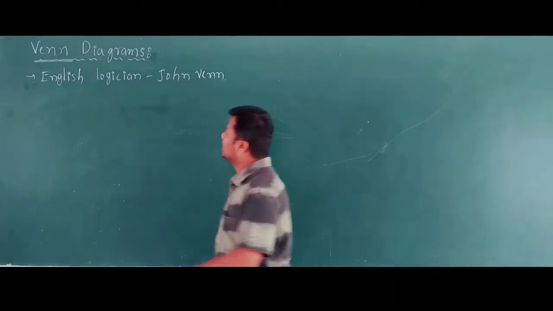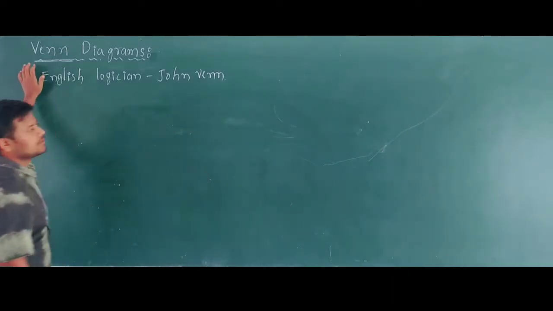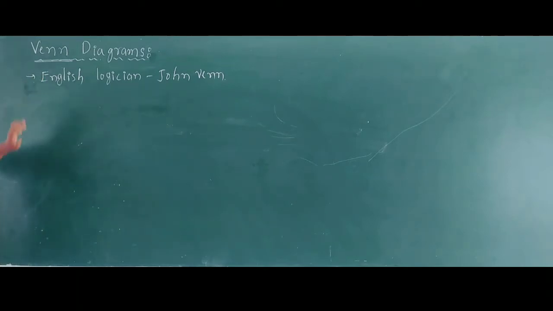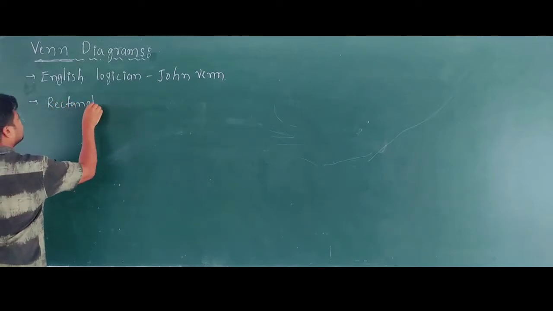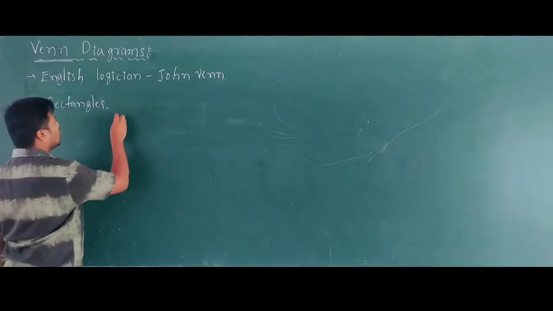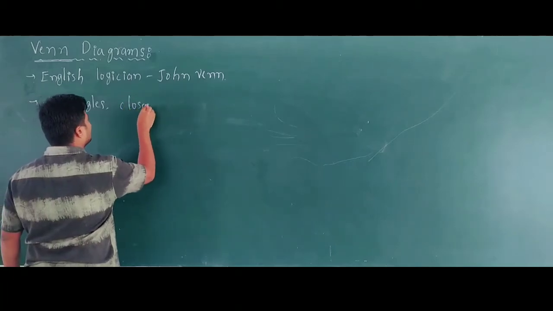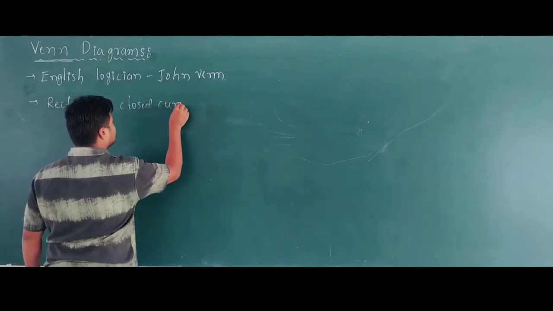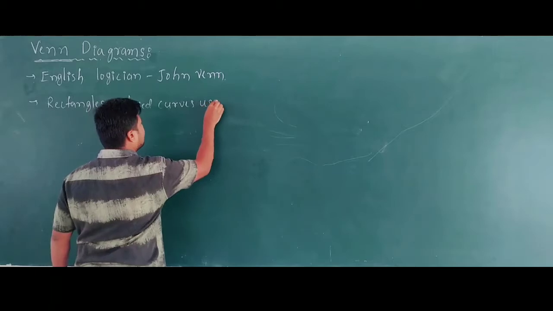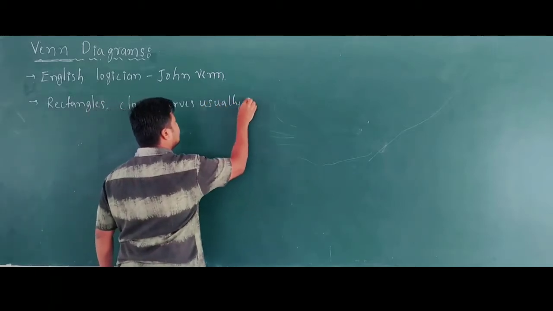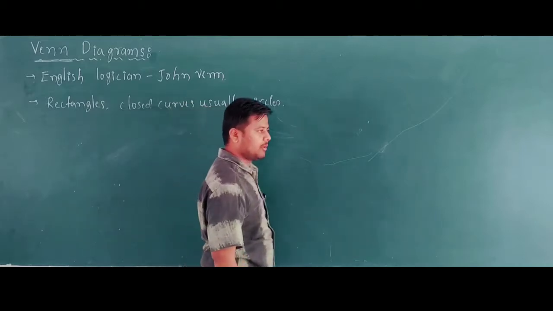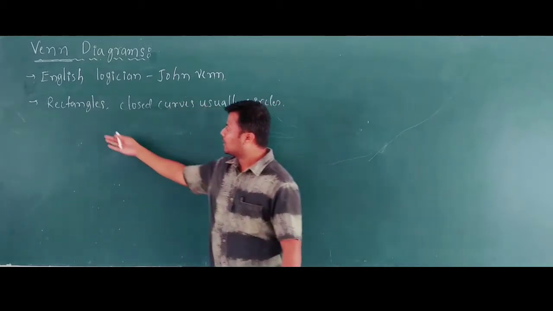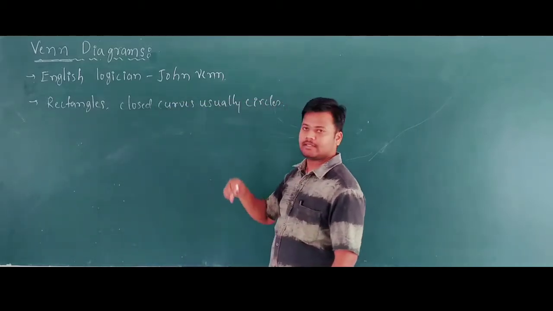That's why these diagrams are called Venn diagrams. These diagrams consist of rectangles and closed curves, usually circles. To represent them, we will use rectangles and circles.